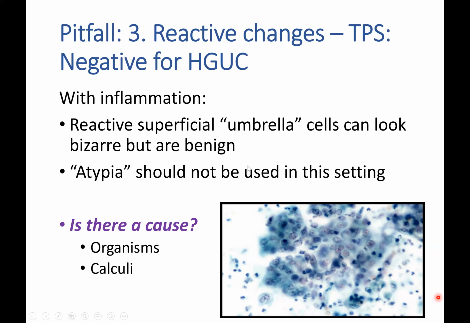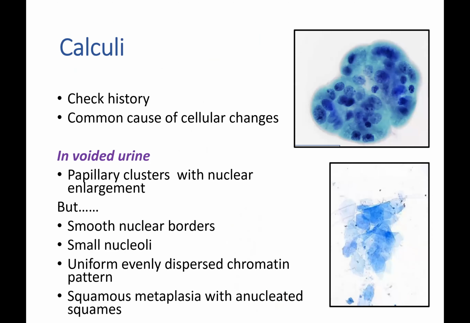When there is marked inflammation, you quite often get quite florid changes, and the superficial umbrella cells can look quite bizarre, but superficial mature cells are generally benign, and we really should not use atypia in this setting. Often we need to look for a cause. Are there organisms or are there calculi present? That would explain the changes, and therefore the sample can be called negative.